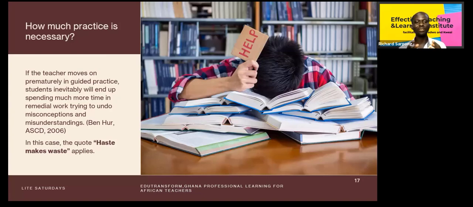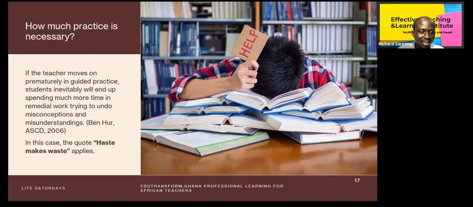So if we move prematurely in our guided practice sessions, we are inevitably going to have a number of students end up spending so much time on remedial work, trying to undo misconceptions, misunderstandings and the gaps in their skills or knowledge.